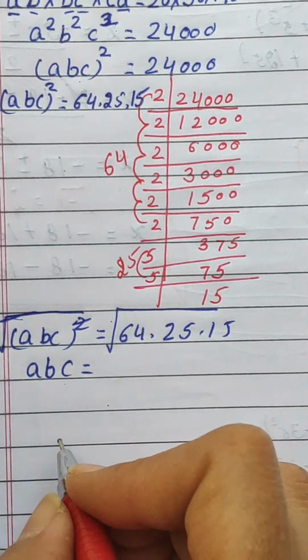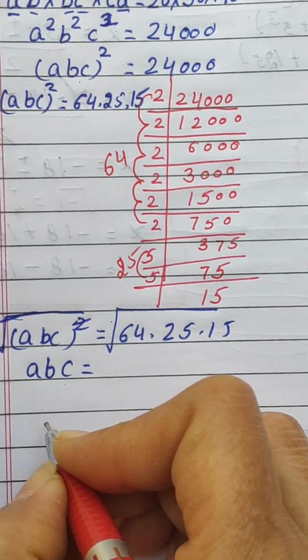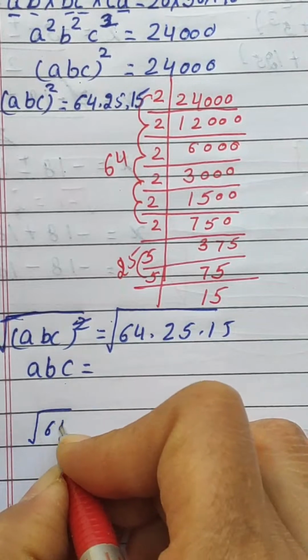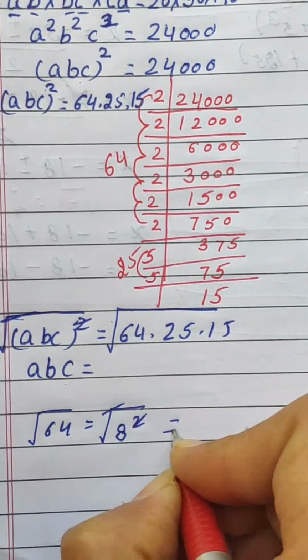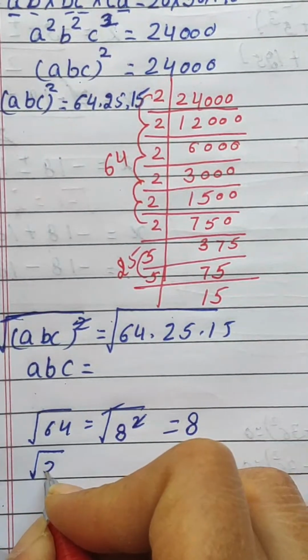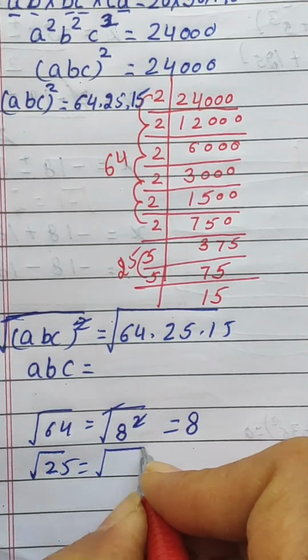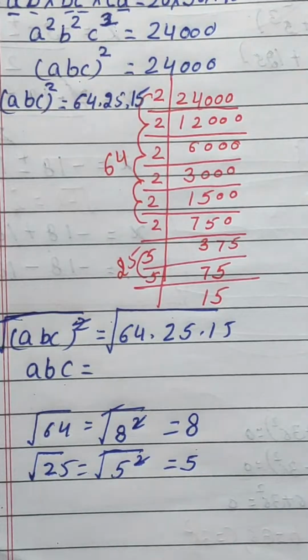Now here, I just solve it here. The square root of 64 is equal to 8, the square cancels, so the answer is 8. Right? Same with the 25: the square root is 5. 15 is simple.